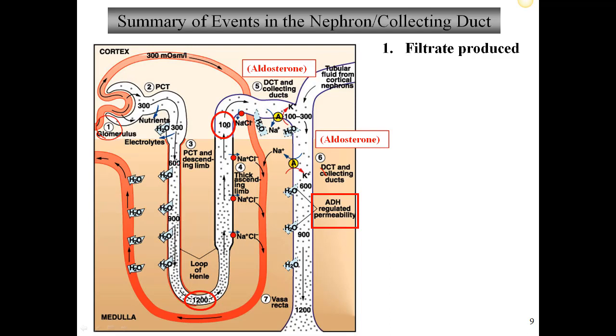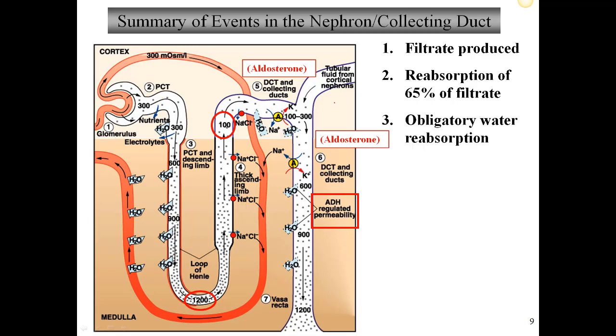And remember that in the vicinity of those regions where we have juxtamedullary nephrons, the peritubular capillaries that parallel the nephron loops are known as vasa recta. So filtrate is produced. Remember that this provides the raw material for processing throughout the nephron. And also keep in mind that at the proximal convoluted tubule, we reabsorb 65% of the filtrate. So the majority of reabsorption happens in the proximal convoluted tubule. That's important for you to keep in mind.